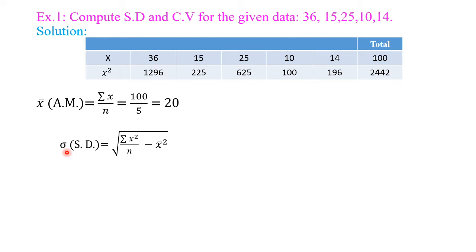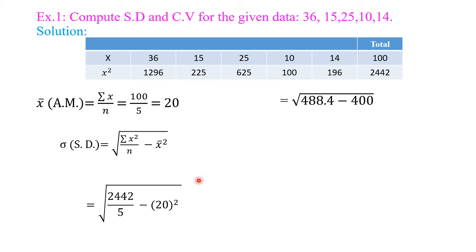The formula of sigma, meaning standard deviation, is equal to the square root of summation of x square divided by n minus x bar square. Put these values in this formula and we get sigma is equal to the square root of summation of x square, which is 2442, divided by n equal to 5, and x bar is equal to 20, so 20 square.